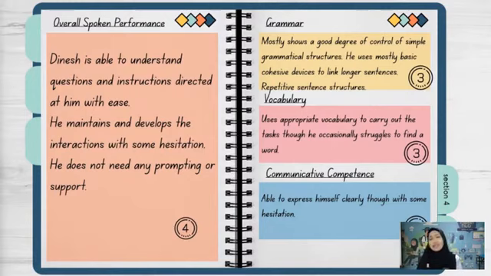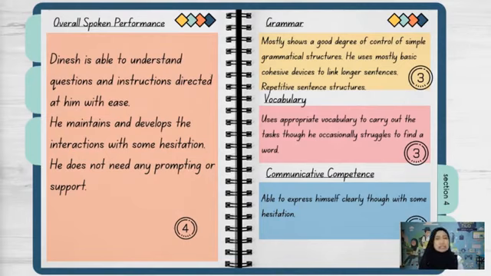If you notice, he used lots of and, because, but. It's not wide enough. And then he repeats sentence structures also. There are a few sentence structures that he repeated. It is actually quite audible. Vocabulary. He uses appropriate vocabulary to carry out the task, though he occasionally struggles to find a word. That's why he hesitated.